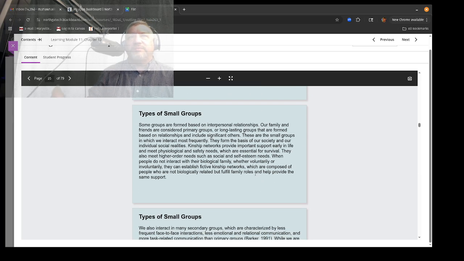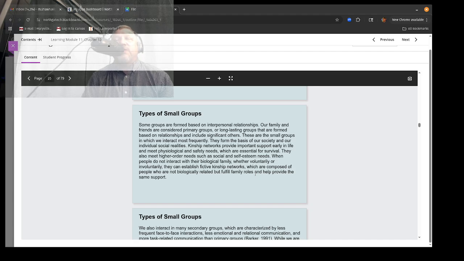Some groups are based solely on interpersonal relationships. Our family and our friends are considered primary groups that we're part of, right? Long-lasting groups, I've also heard them called. And those are formed based on relationships and include significant others.